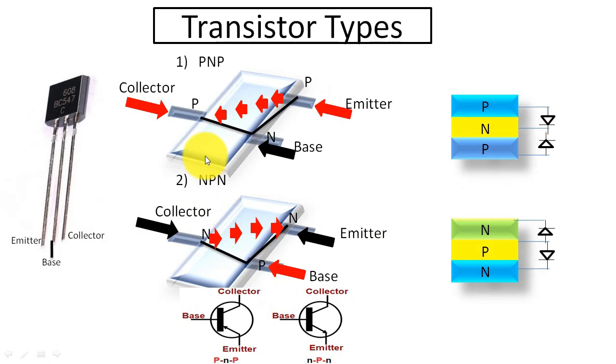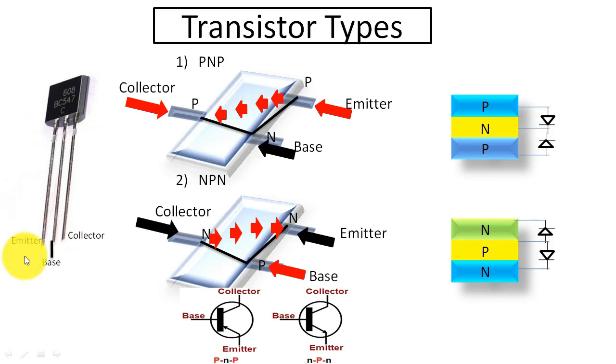Now I will discuss how many types of transistors there are and how a transistor works. There are two types of transistors. First is the PNP transistor and second is the NPN transistor. Here is a normal transistor, and I will describe it in detail.